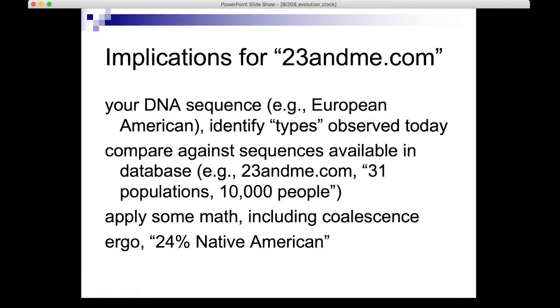And so assuming that the databases have equal representation from all parts of the world, and those parts of the world are well sampled with folks that live there as opposed to have migrated there, you can come up with these sort of fuzzy math things that say somebody is like 17% Irish and 92% something else, right? Okay.